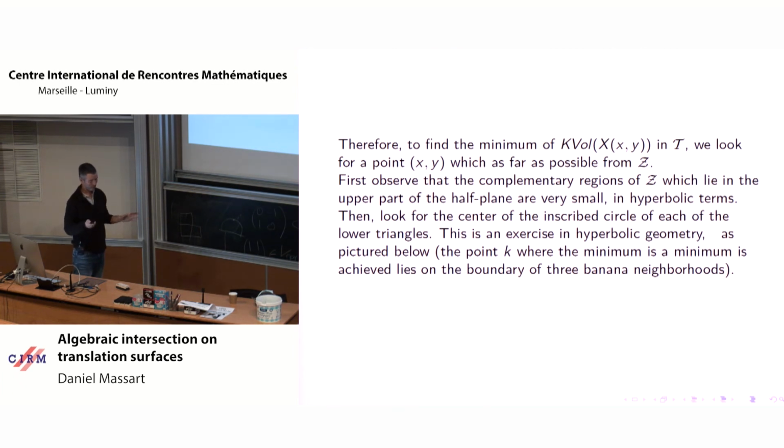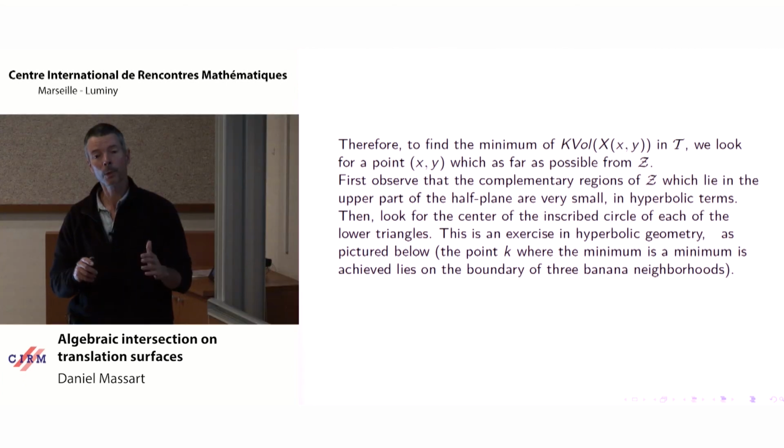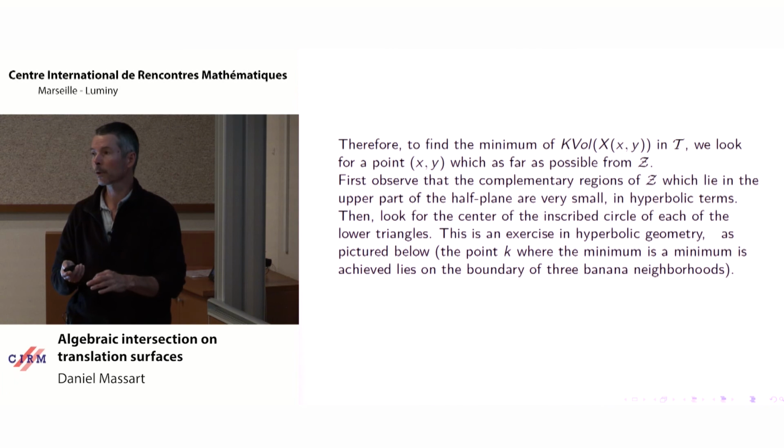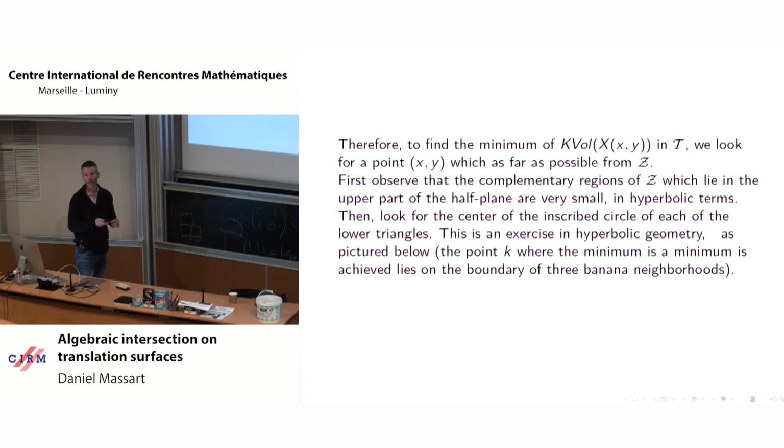You observe that close to the lower boundary, the regions of the complement of Z are triangles, and to find the point inside of a triangle which is as far as possible from the boundaries, you take the bisectors of the sides, and the intersection of the bisectors gives you the center of the in-circle, and that's the point which is furthest from all sides. So that's elementary geometry.